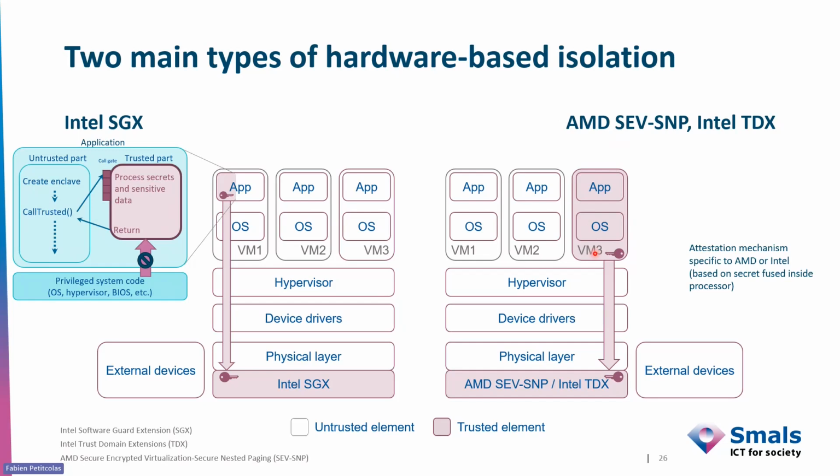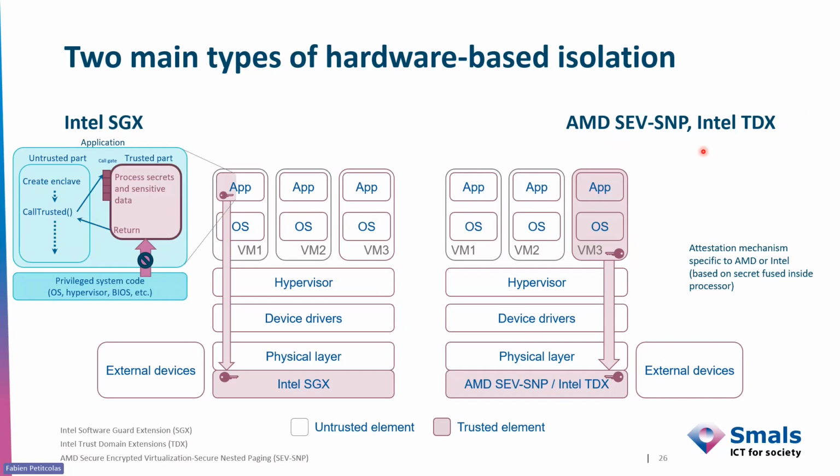So the entire physical memory allocated to a specific virtual machine is encrypted with a key which is unique to that virtual machine and to the processor, which means that even if any other piece of software, whether it's the hypervisor or some firmware or some other operating system, can read physical memory, it won't be able to make any sense of it because it's encrypted for that specific virtual machine.